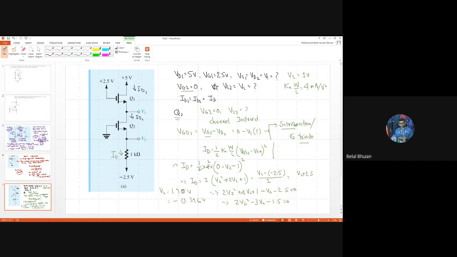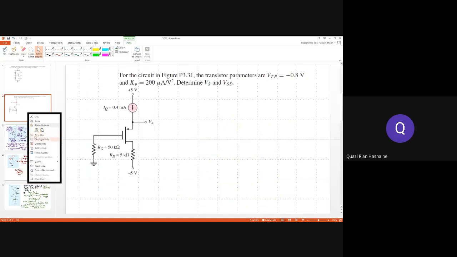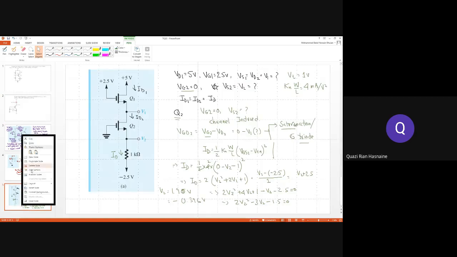Which value should we pick, the first or the second? Sir, the second. Okay, what is the problem if I select the first one? Sir, then VGS becomes less than or equal to VTN, and no channel is induced. Exactly.